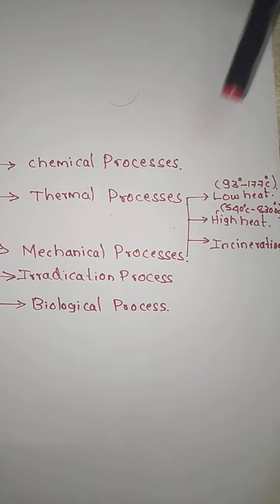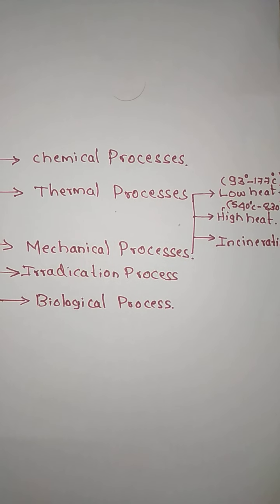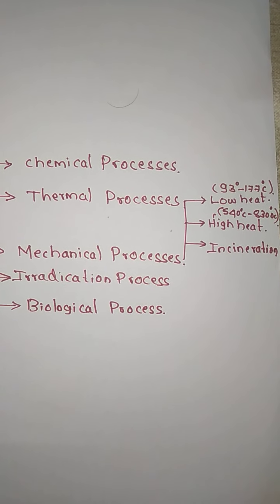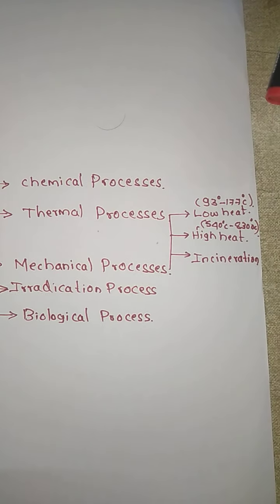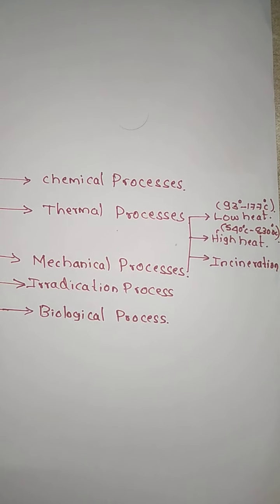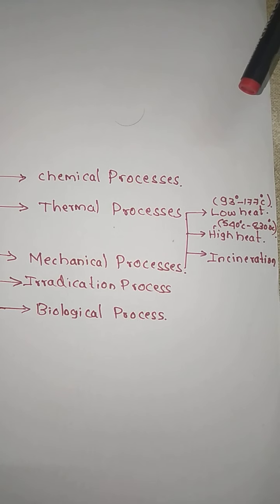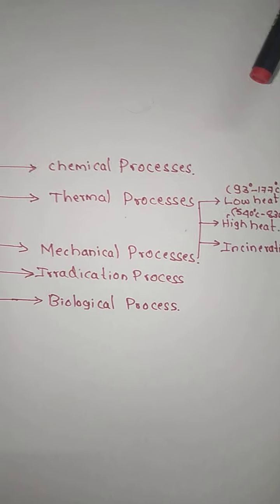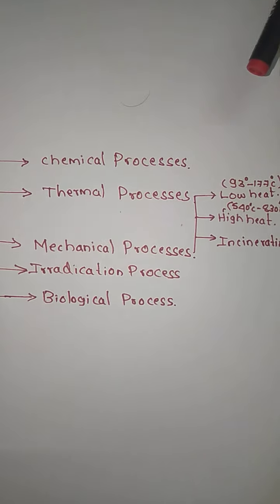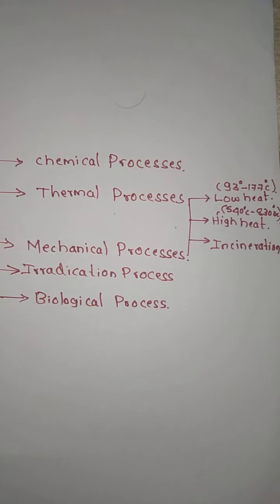The chemical process we will be using for the treatment. We are going to disinfect, because, as I have told, biomedical wastes are highly infectious. Whatever microbes develop in that biomedical waste, we are going to kill them with disinfectants.